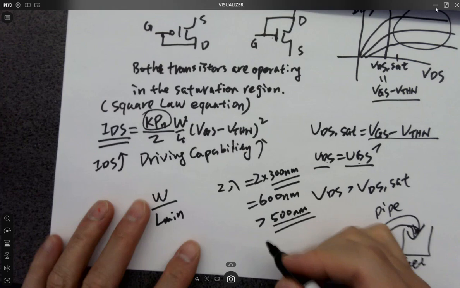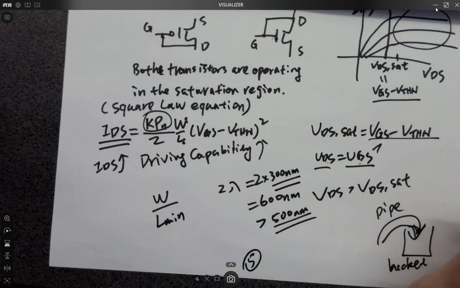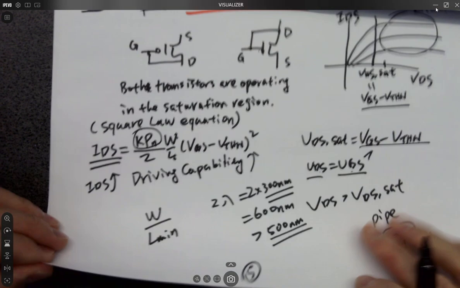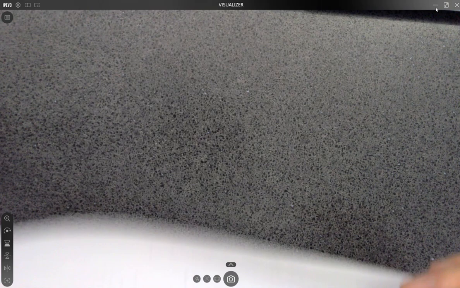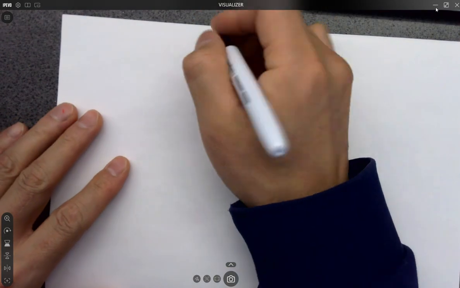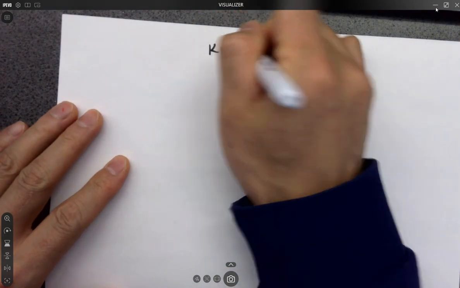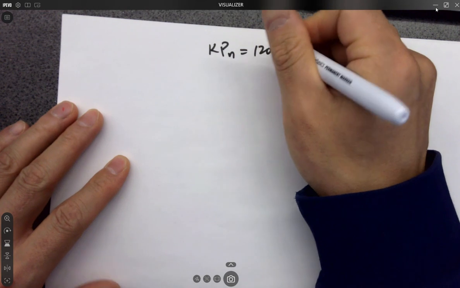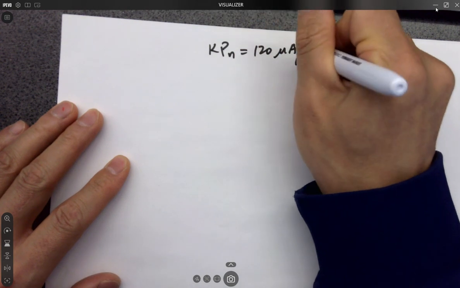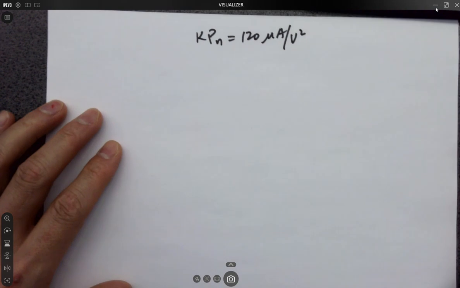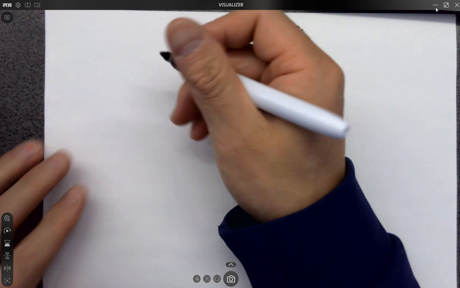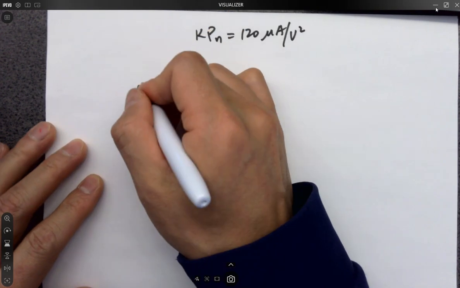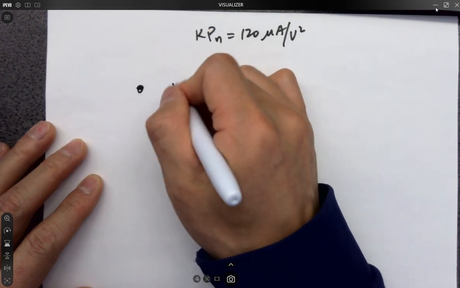Now let's look at one example, the calculation. From the model, from the textbook, KPN equals 120 microamps per V square. That's a constant. And this circuit is given to you, it's NMOS.